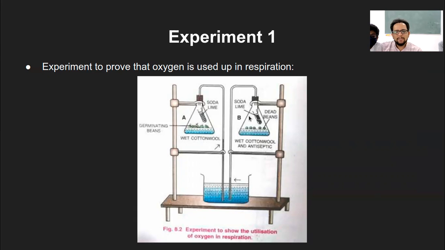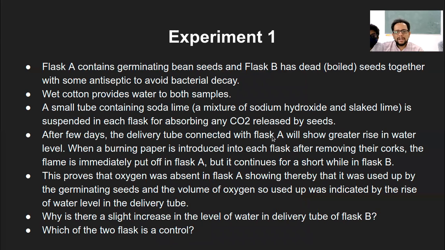In the other case, because there is no germination happening, whatever oxygen was inside the flask is still there, so that will be helpful for burning the paper. So the burning paper stays a little longer in the flask B. That is one other indication of what happens to the oxygen within this experimental setup. So this proves that oxygen was absent in flask A because it contained the germinating seeds.